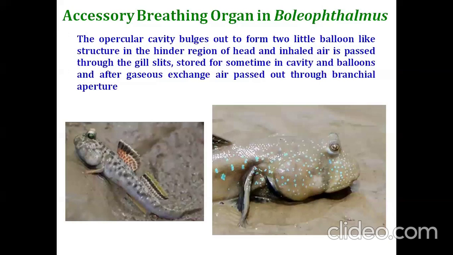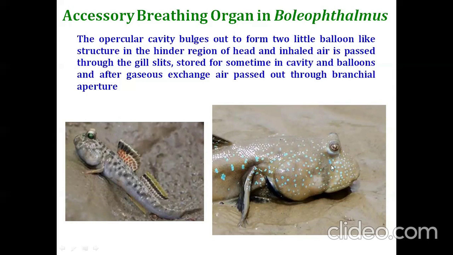And the accessory breathing organ in Boleophthalmus. See how beautiful the organism is. This is found in swampy and damp places. The opercular cavity bulges out to form two little balloon-like structures in the hinder region of the head.